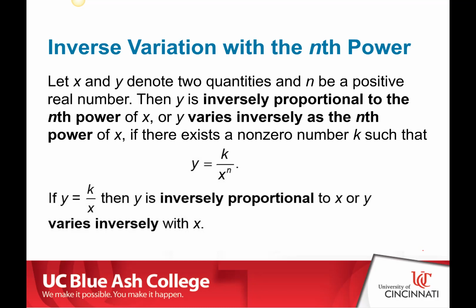So as the distance increases, the intensity of the light or the sound decreases. You've all experienced that. That's called being inversely proportional. It means as the one thing gets bigger, the other thing gets smaller.